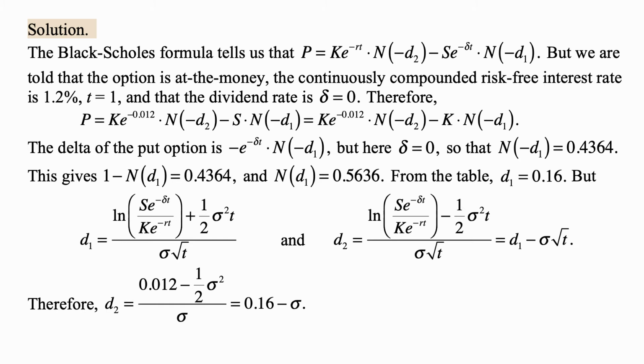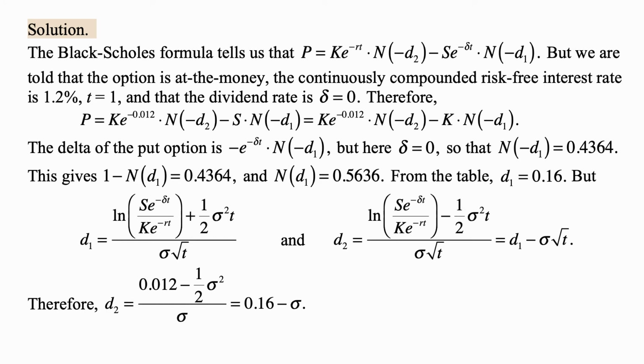Therefore, the price of the put is K times e to the minus 0.012 times N of minus d2 minus S times N of minus d1. But S is equal to K, so we can write this as K e to the minus 0.012 times N of minus d2 minus K times N of minus d1.